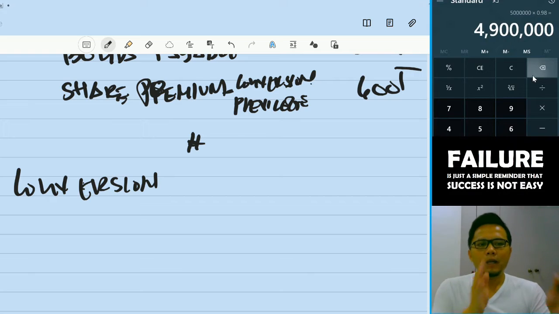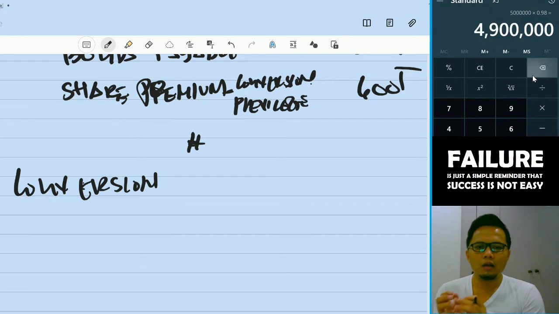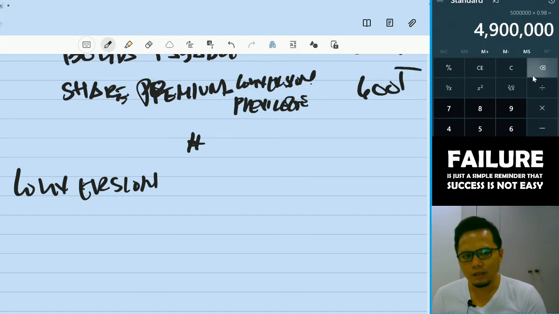Same concept with regular retirement of bond, wherein we will recognize any gain or loss depending on the retirement price.